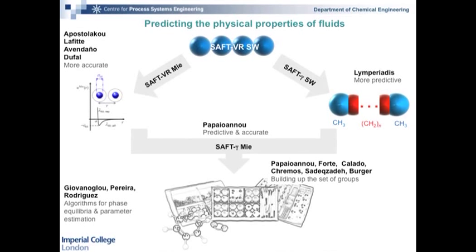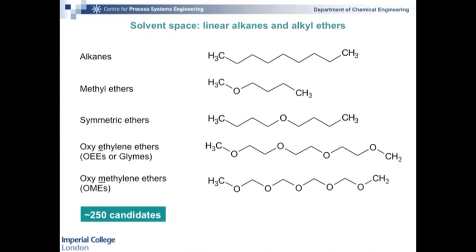Okay, so we come back to our problem. And this is the solvent space that we're going to use. So we're going to use very few groups at this point, just the ones necessary to make up alkanes and some ethers, different types of ethers. The glymes here are already used in CO2 recovery from natural gas, and so we know that they work quite well.